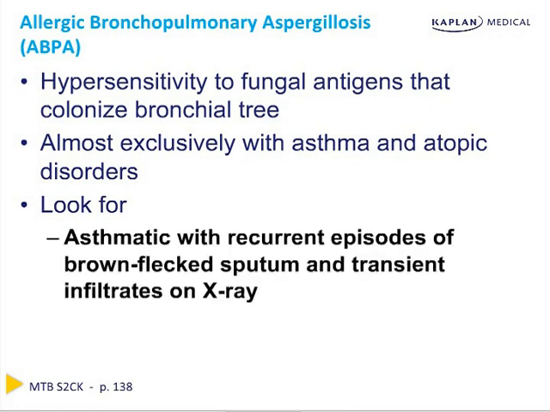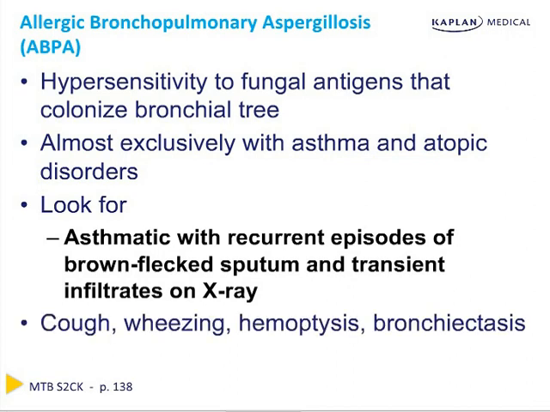Things to look out for would include an asthmatic with recurrent episodes of brown flecked sputum and transient infiltrates on chest x-ray. In addition, the clinical presentation is often cough, wheezing, hemoptysis, and on imaging, evidence of bronchiectasis.